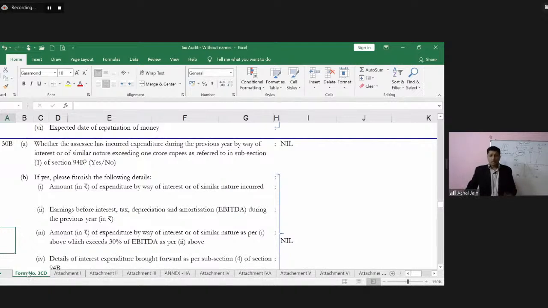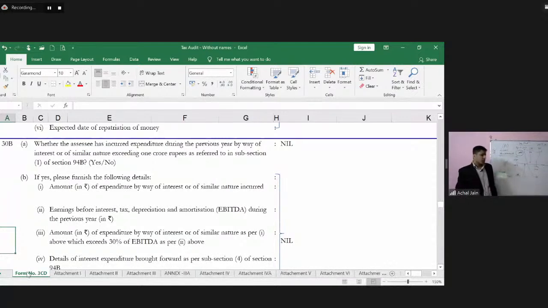And once again, if you have to look at the requirements of this: amount of expenditure by way of interest or of similar nature incurred, earnings before interest, tax, depreciation, amortization during the previous year, amount of expenditure by way of interest or of similar nature as per the requirements of this income tax section, details of interest expenditure brought forward, details of interest expenditure carried forward.